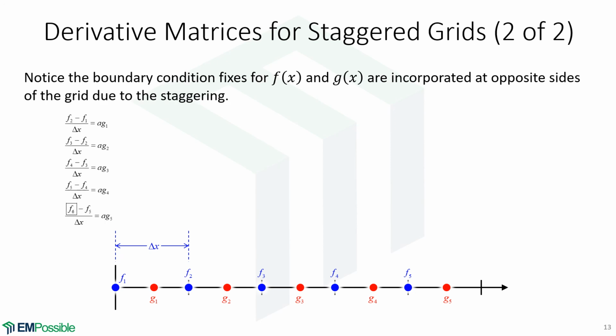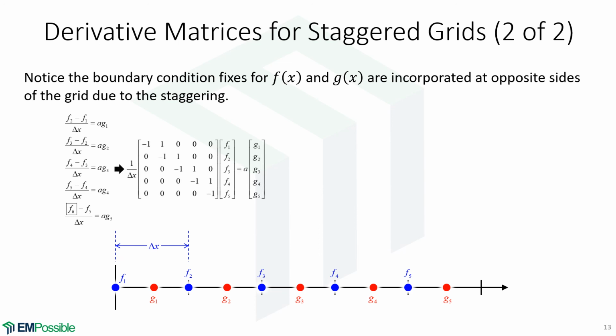Okay, so here's our 5 equations. Anytime we have a set of 5 equations, we can put that into matrix form. So we store our unknown functions in this column vector F. On the right-hand side of the equation, we have an A times this function G. And then the way we're doing our finite differences gets lumped into this matrix.